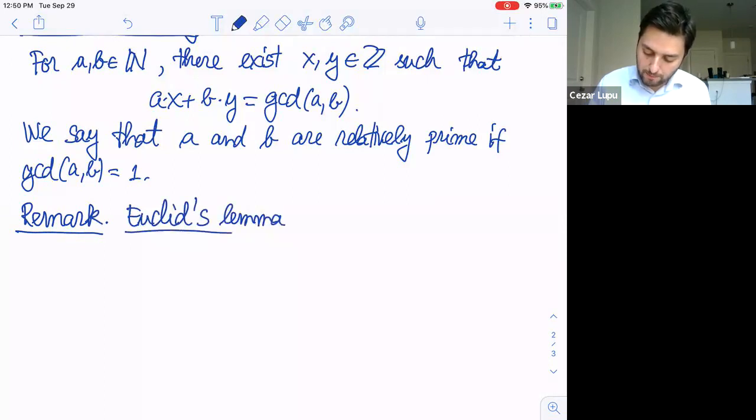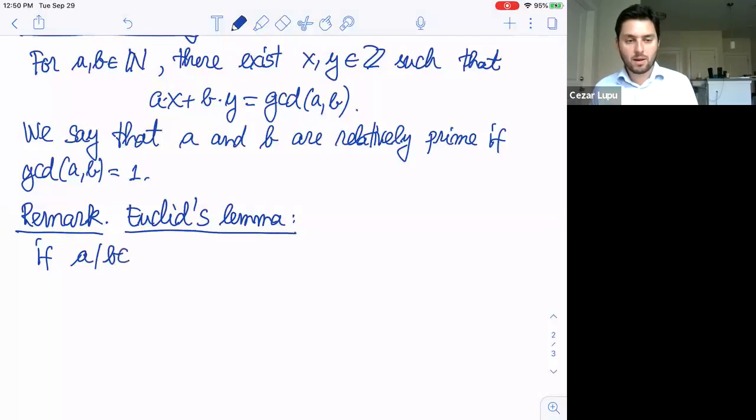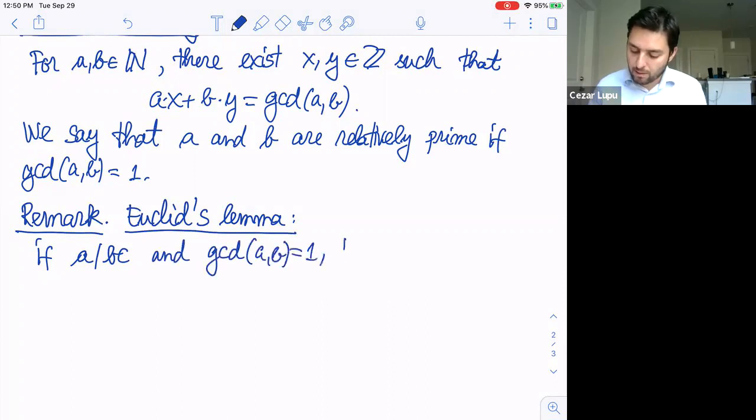It says the following: suppose I have 3 integers, and A divides the product BC, right? And the GCD between A and B is 1, then guess what? A divides C, right?